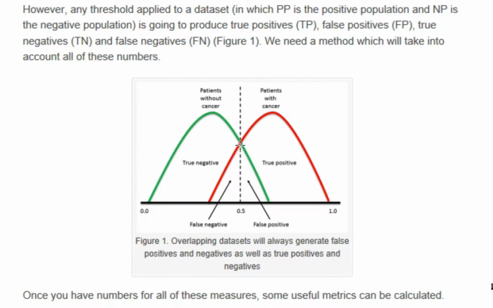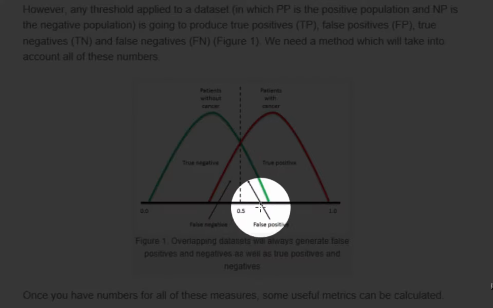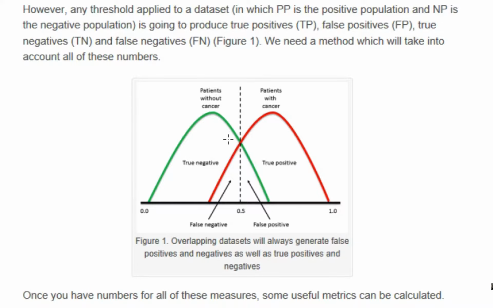If your classifier is perfect, this overlapping area mustn't exist. But in the real world, this overlapping area is going to happen. This overlapping area means false negative, that the patient has cancer and was declared without cancer.